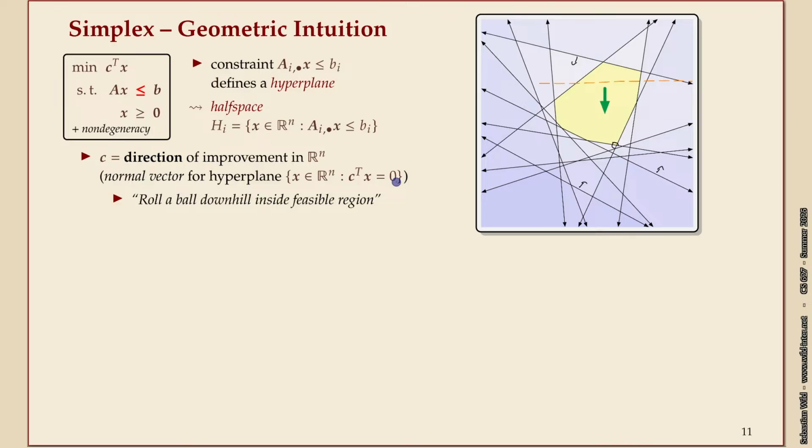And the same vector is also the normal vector standing on that plane. That's really what this green arrow is. So this is the hyperplane for C, and that's C itself. It's pointing downwards. So really you can think of C as a direction for improvement. That's where you have to move. And this works in any number of dimensions.